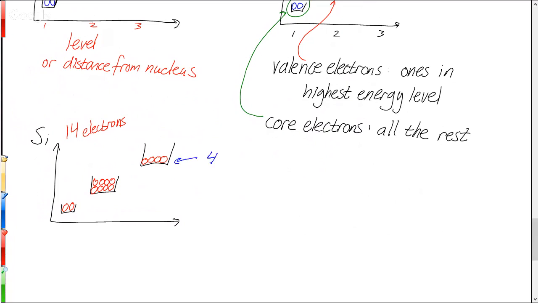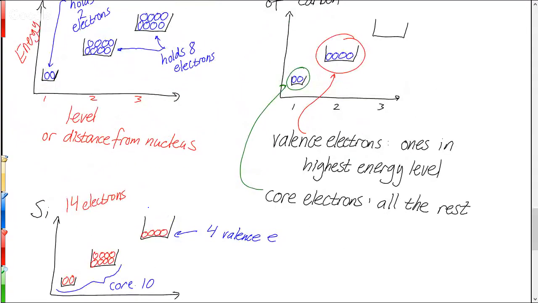So we've got 4 valence electrons. And how many core electrons? 10, right, because remember, all the rest are core electrons. So all of these are core electrons, so there are 10 core electrons.